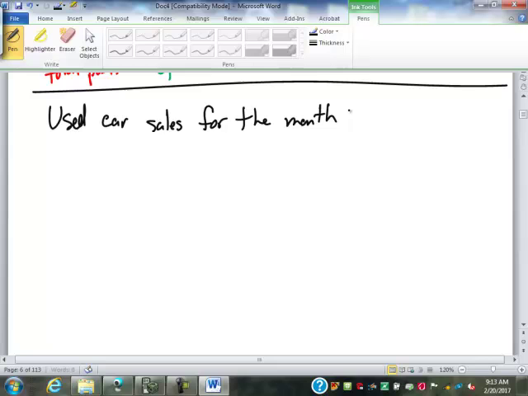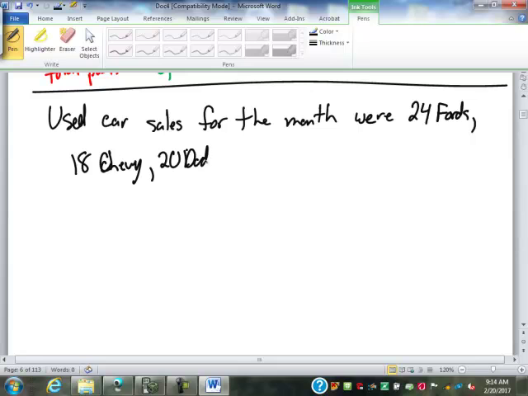Used car sales for the month were, say, 24 Fords, 18 Chevy, 20 Dodge, and 8 other.